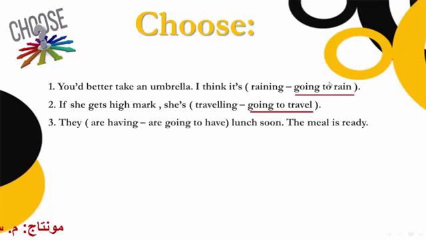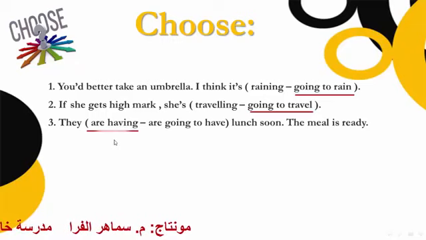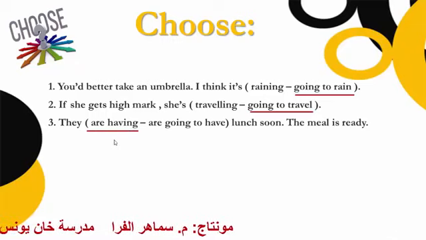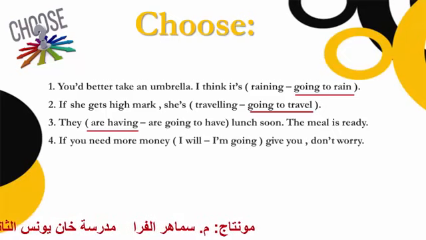They are having or are going to have lunch soon. The meal is ready. That means that there are completed arrangements, and so the tense here will be are having, present continuous.